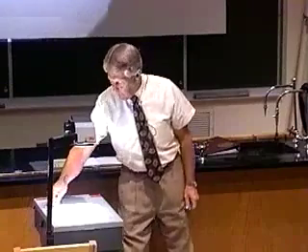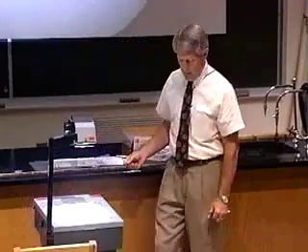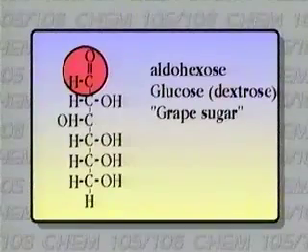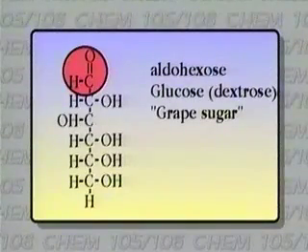Now we'll go up one step, and we'll go to the hexose sugars, meaning that we're now looking at something that has 6 carbons. We have 1, 2, 3, 4, 5, 6 carbons.